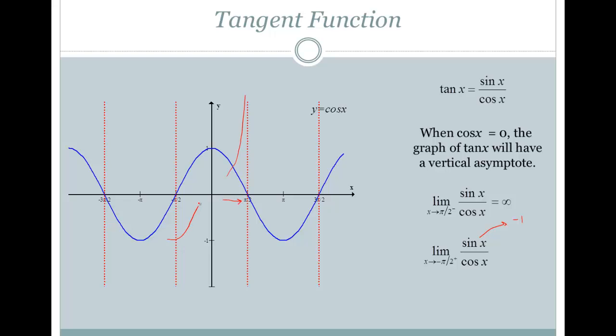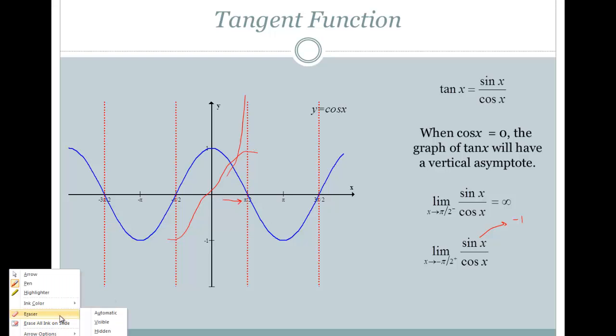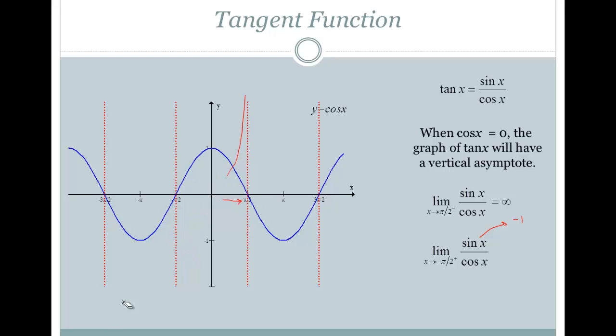This is the sine function, then we came up, it goes through 0, and then we came down like that. Remember, the sine function was just off that way; it was off by a different phase. So we know that sine is going to approach negative 1. And again, this is still a small positive number on the bottom, because cosine, as you can see, is still positive right there.